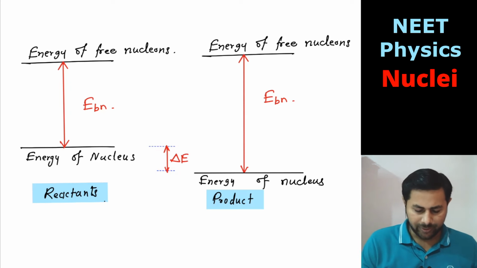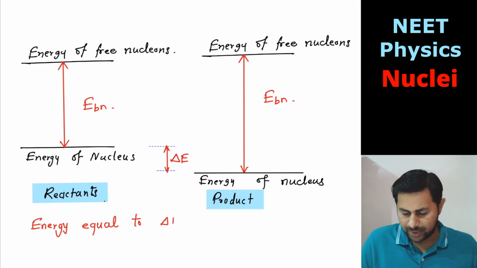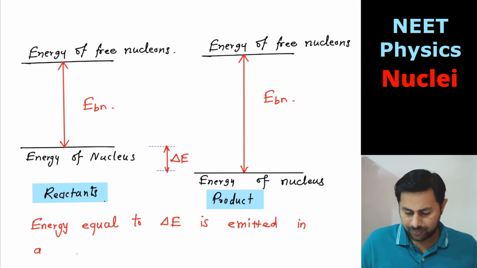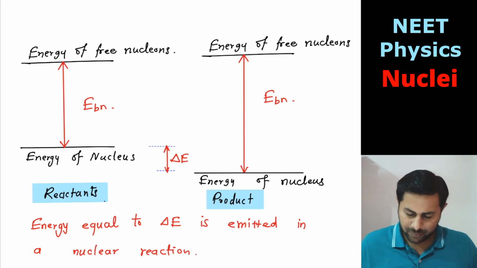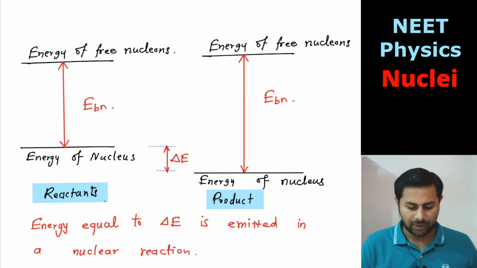So energy equal to delta E is emitted in the nuclear reaction. Is this clear, everyone? And this is known as the Q value of the reaction.